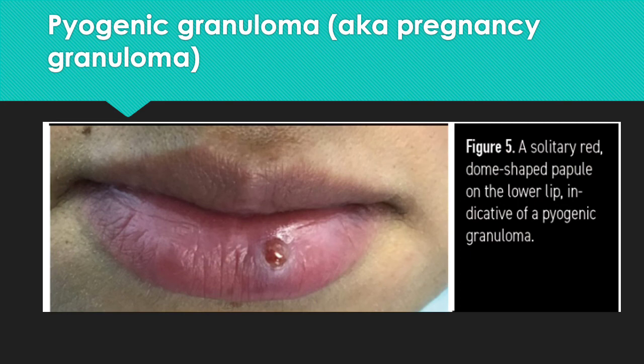It can also result from trauma. And so thinking about management of this, if it doesn't go away on its own, some things you can think about are cryotherapy or sclerotherapy. But I think if you don't feel comfortable managing this, it's always okay to refer to dermatology.